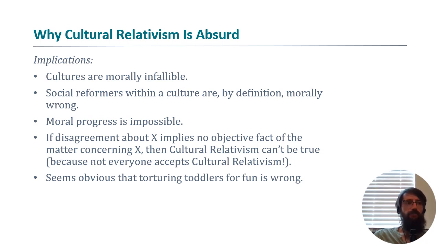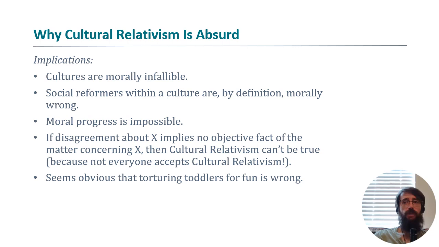Suppose we have somebody who wants to reform society, and we can imagine a civil rights activist. Take Dr. King again. Dr. King, in fighting for racial equality, would have been making a mistake according to cultural relativism. Right?